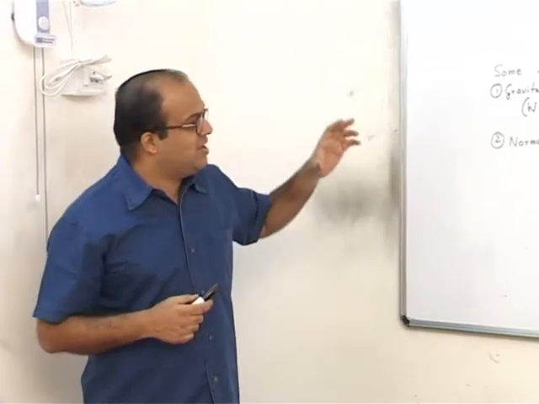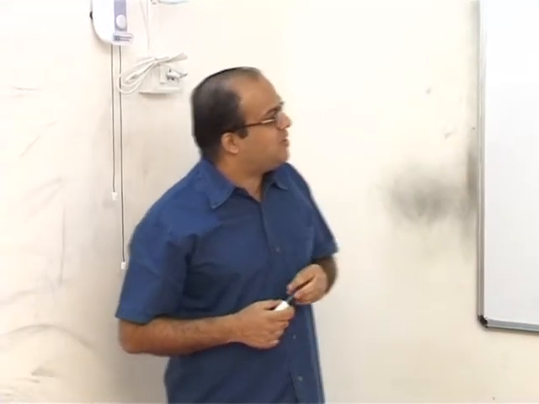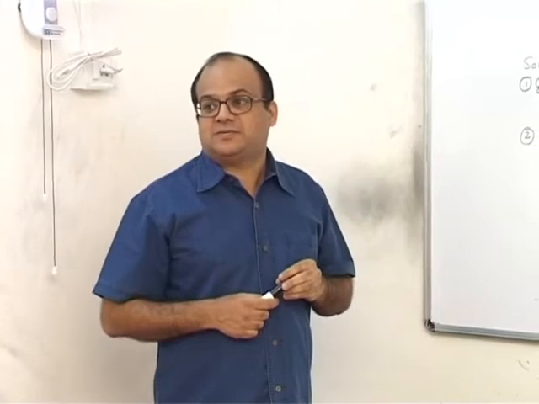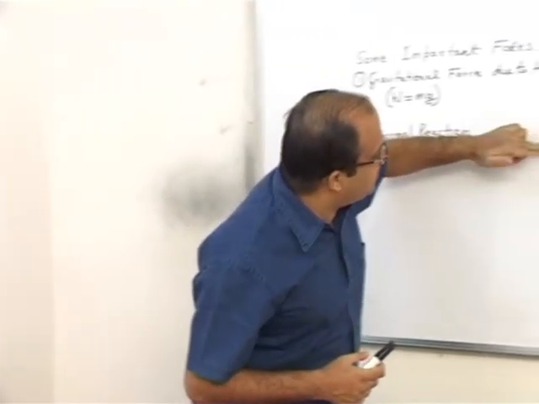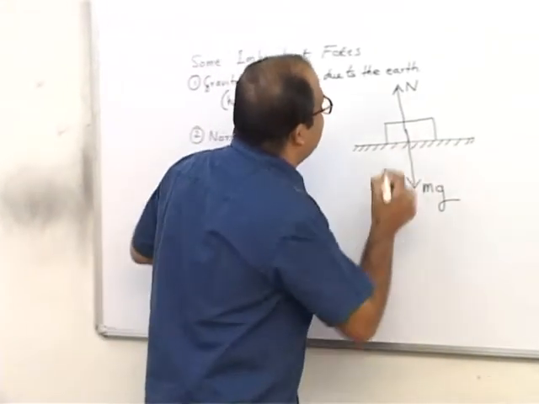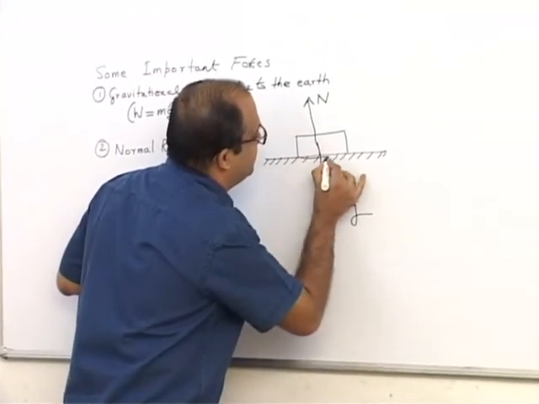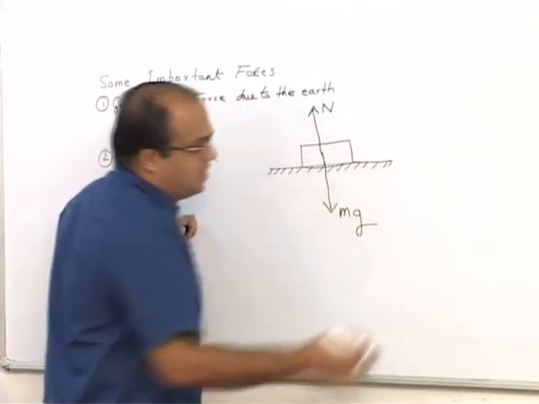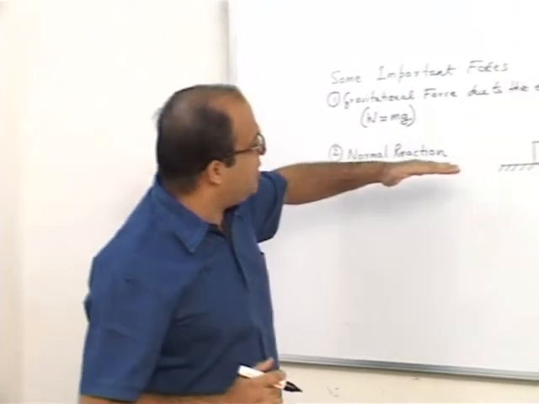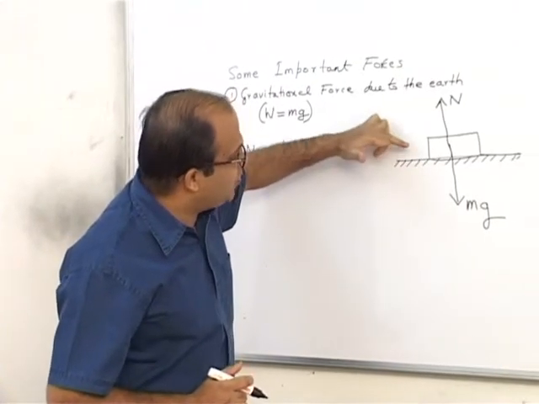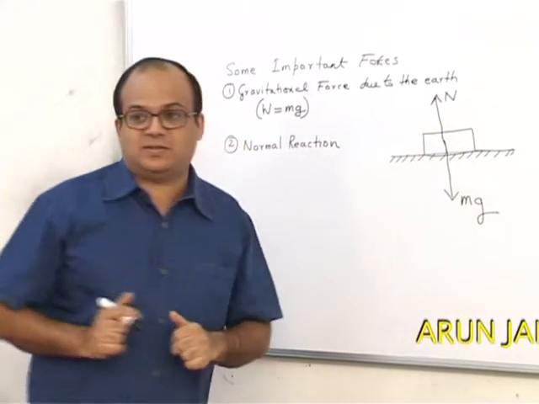So how does the table come to know of the presence of the duster? When this duster is kept on the table, the table gets deformed. This deformation we cannot see on this table, but had it been a rubber table, then we could have seen the deformation like this.